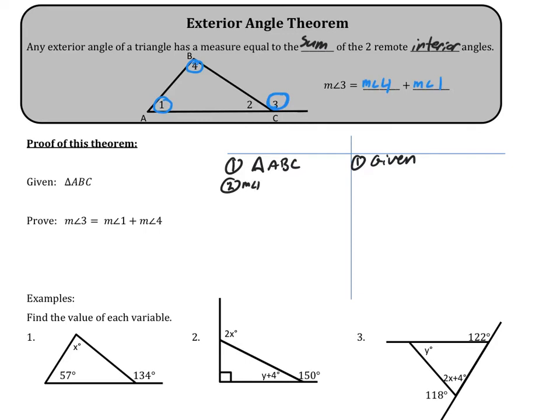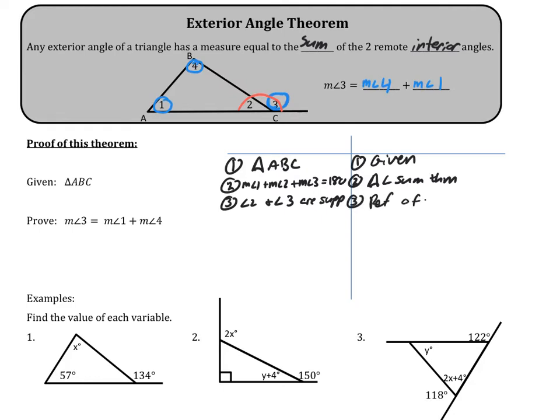So the measurement of angle 1 plus the measurement of angle 2 plus the measurement of angle 3 is equal to 180. We know that because that is our triangle angle sum theorem, which we proved in an earlier video. Now looking at this bottom here, we know that angle 2 and angle 3 are supplementary, and we know this because they are a linear pair.